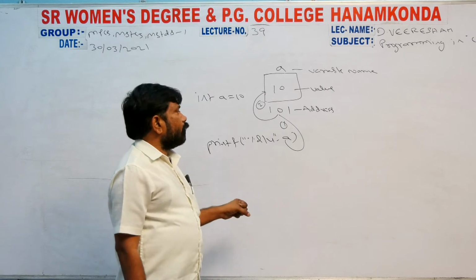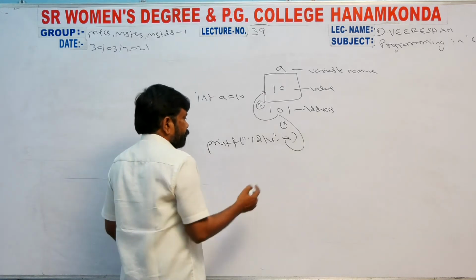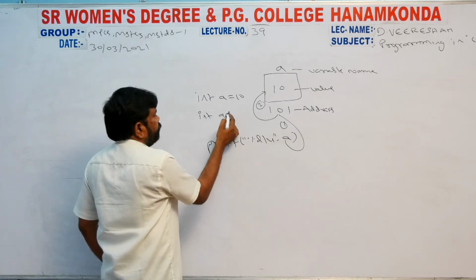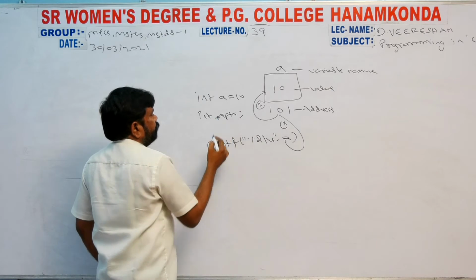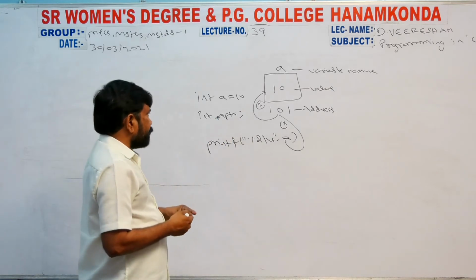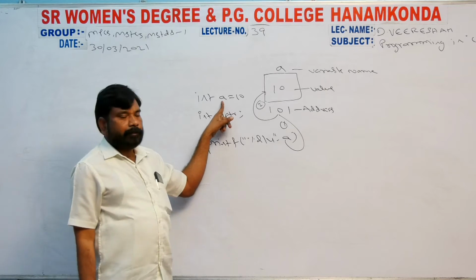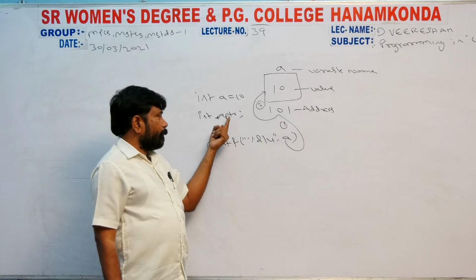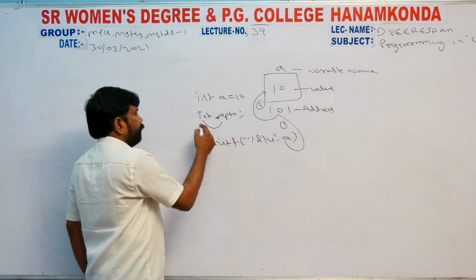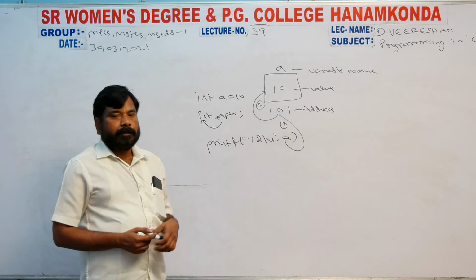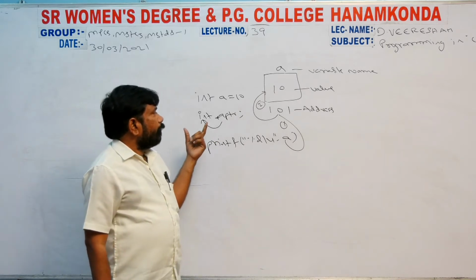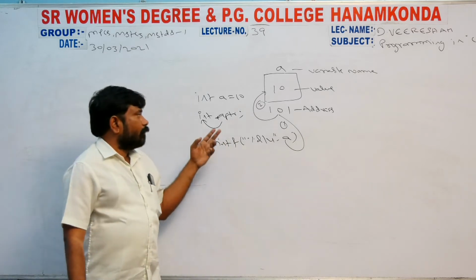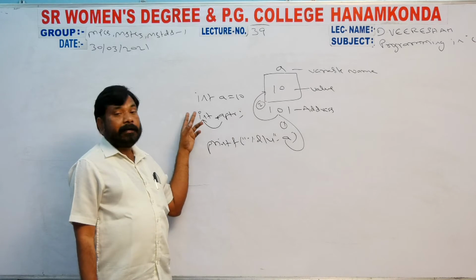Everyone is okay? Now here, suppose I say int a, and another one is int *a pointer. What I am doing in this case is declaring one normal variable and another pointer variable, two variables, and at the same time I am mentioning the data type also. According to that rule, whatever type of pointer variable you declare, only that type of value's address can be stored.